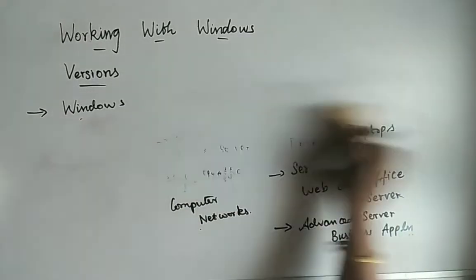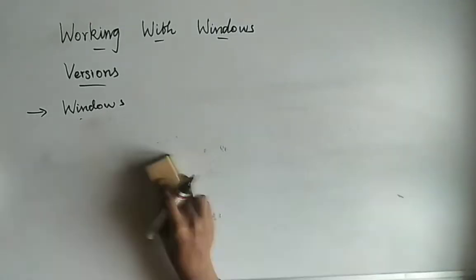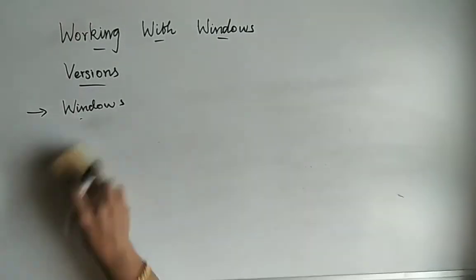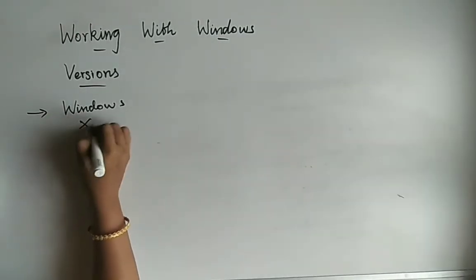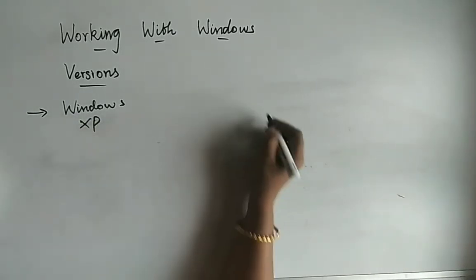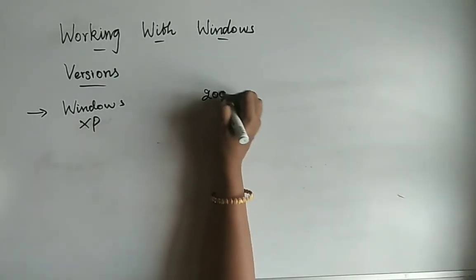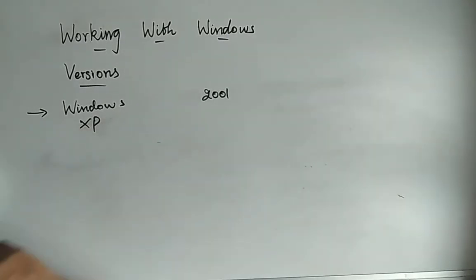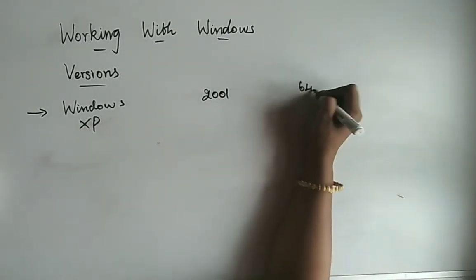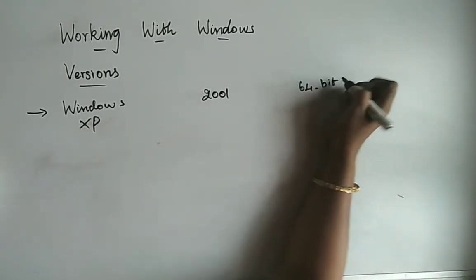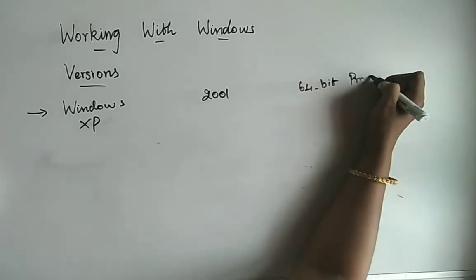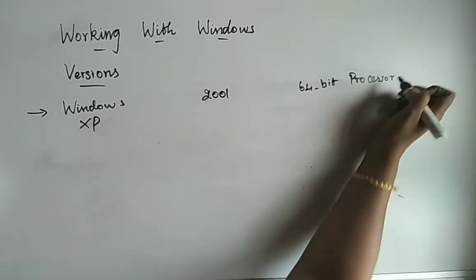Next one is Windows XP. It was introduced in 2001. Here they introduced the 64-bit processor.